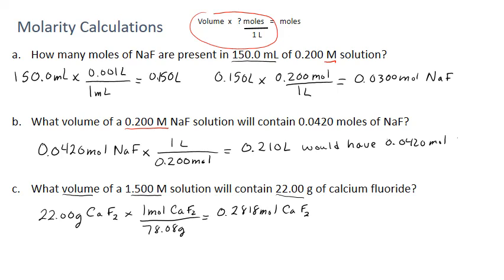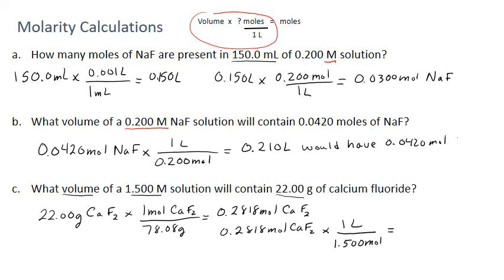Once the number of moles is known, that can then be multiplied by the molarity in some fashion. If that value is multiplied by the inverse of the molarity, for every 1 liter, there are 1.500 moles.